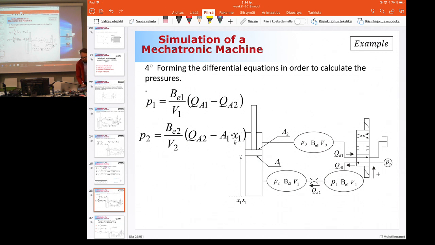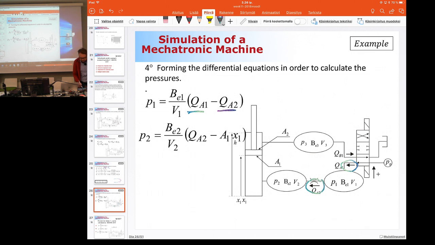Obviously, the Q1 is coming into the system, so this one is coming into the system, and this one is leaving. So this is where the plus and minus signs come from. That's why it's extremely important to be consistent. This is plus because it's coming into the system. This is minus because it's leaving the system.